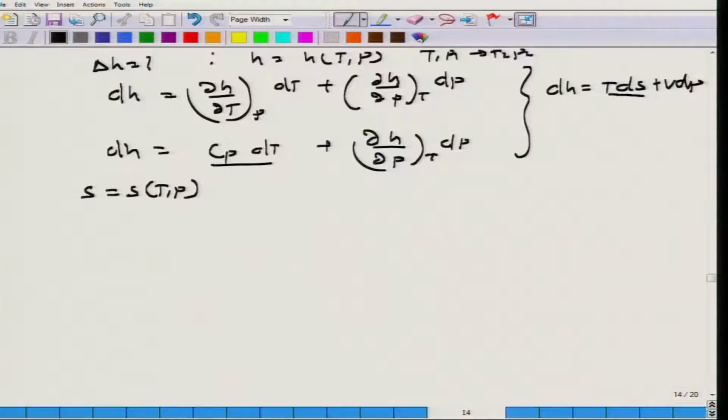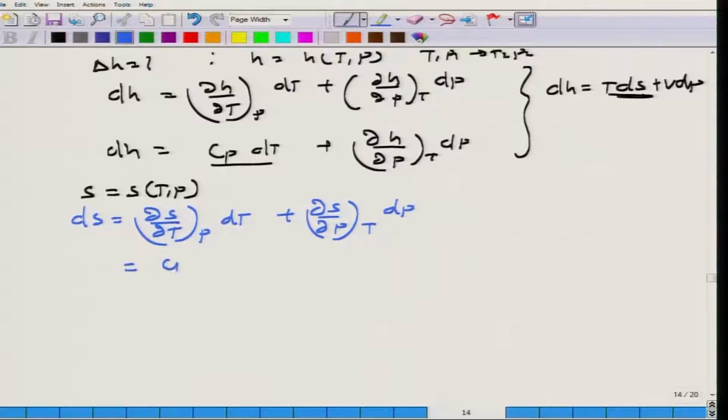Okay, but we need this expression in order to get that, so let me first try to derive this. So dS, with S as a function of T, P, is del S by del T at constant P dT plus del S by del P at constant T dP. Okay, the first is nothing but Cp by T, and for the second we are going to make use of the Maxwell relation. This becomes minus del V by del T at constant P dP. So you can use dS directly in this expression.